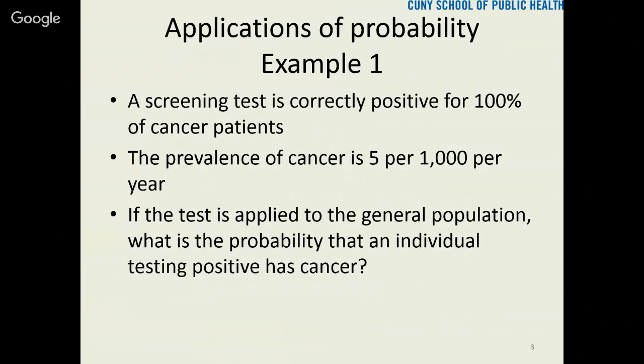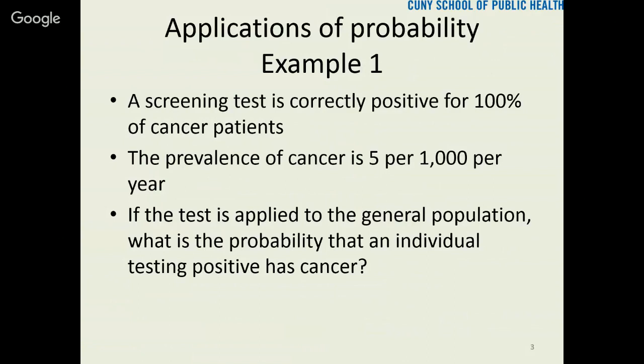Would it just be 5 over 1,000? Because whoever has cancer is testing positive. I don't know if I'm explaining it well, but yeah. So 5 out of 1,000. What were you saying is 5 out of 1,000? That would be the probability of the individual in this population who tested of having cancer.